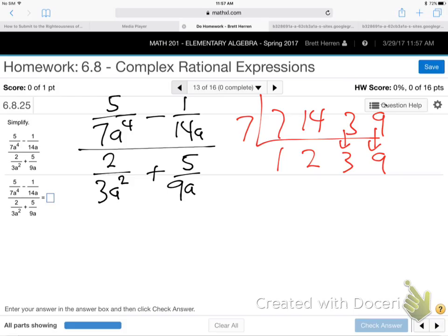Okay, and then what else could go in? 3. Yeah, 3 once and 3 times. Bring down the 1, bring down the 2. 7, 3, 3, 2. And that's really, we can't go any further, huh? We could do 1, but everything goes to 1, so.